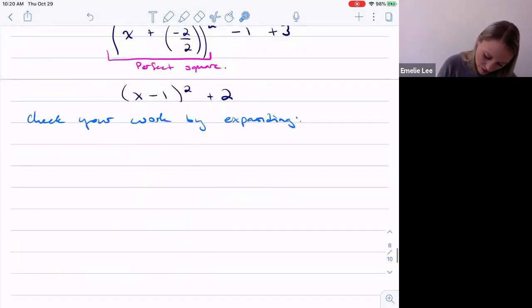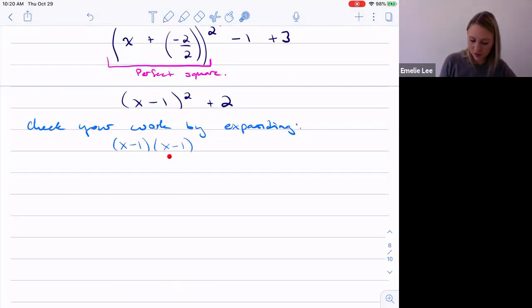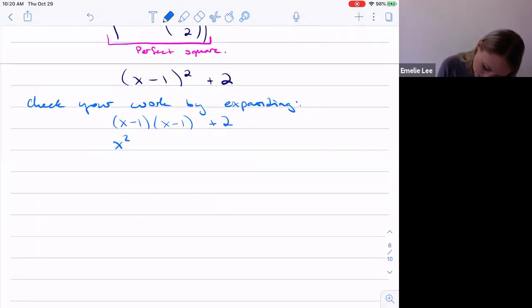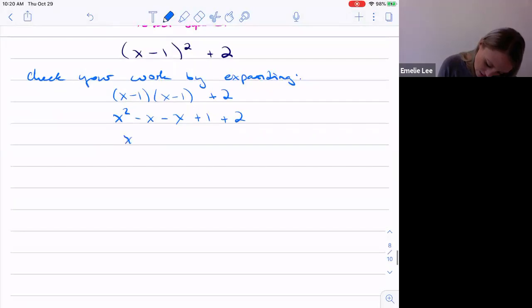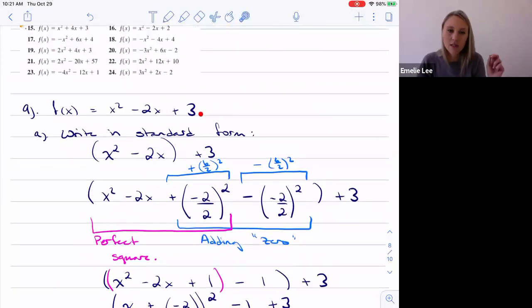So I'm just going to check my work. x minus 1 times x minus 1. Make sure x minus 1 squared is x minus 1 times x minus 1, and then plus 2. So I get x squared minus x plus 1 plus 2. So that's x squared minus 2x plus 3, which I'm hoping it is.